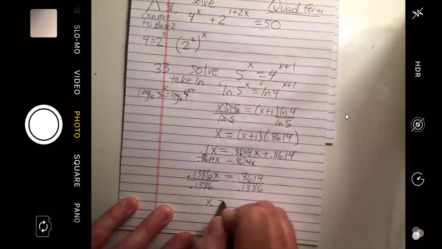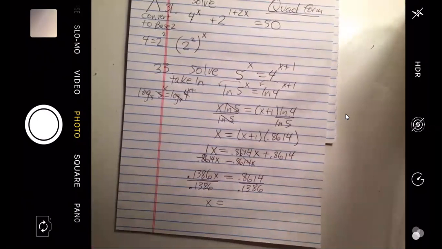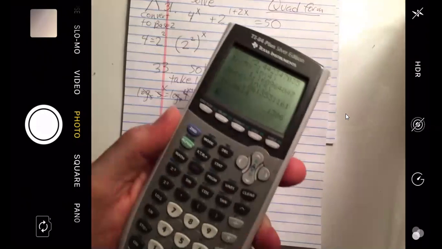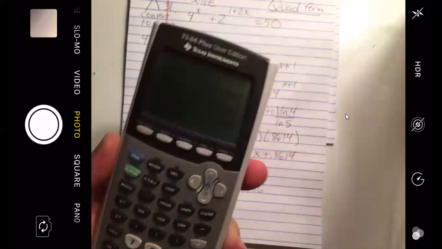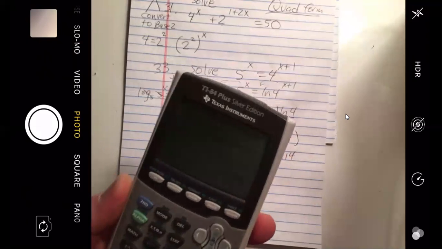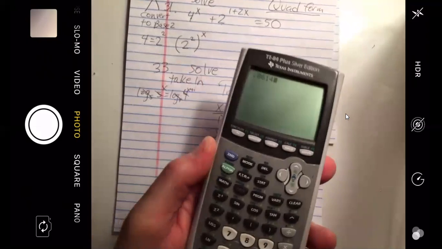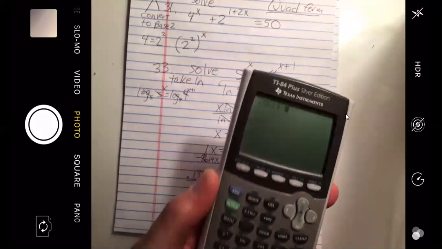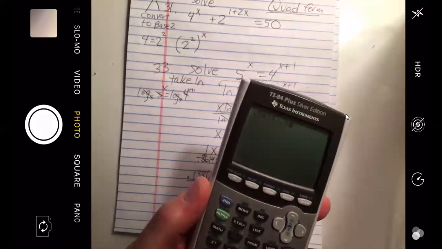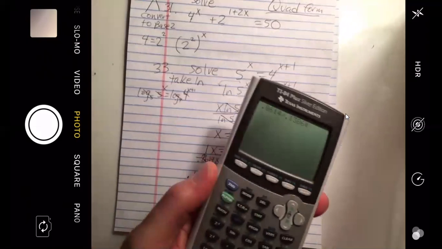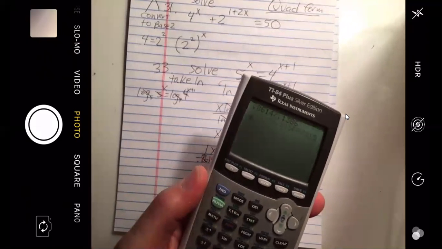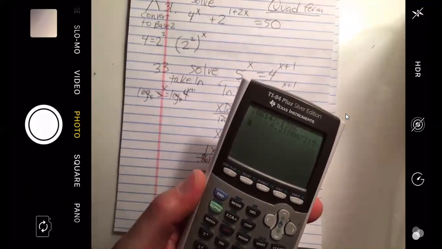And you wind up with a decimal answer. 0.8614 divided by 0.1386 is 6.215.